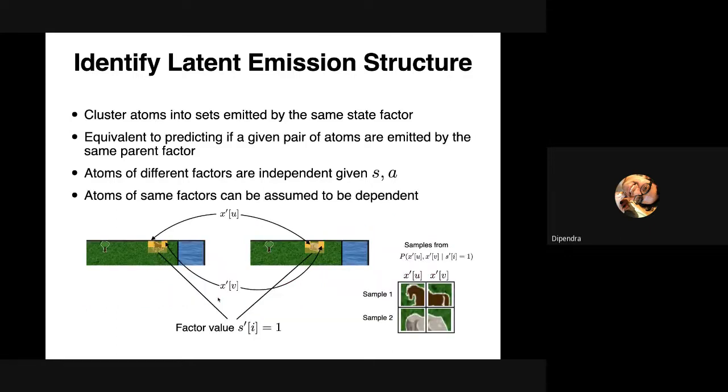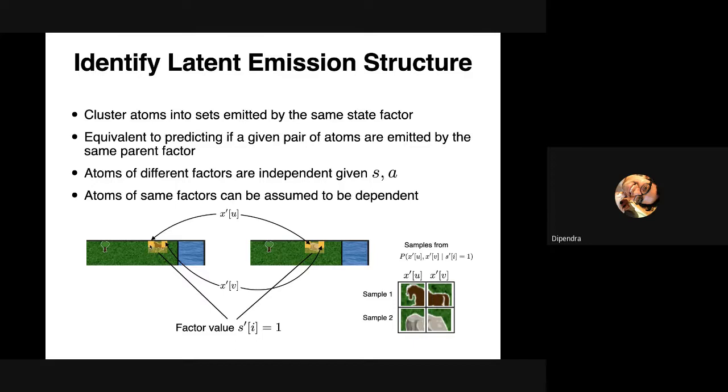Another thing is that for some problems, not all, we can assume that the atoms which are emitted from the same factor would have some non-trivial dependence. For example, in our earlier figure, the slightly translucent patch is pixels representing a single factor.